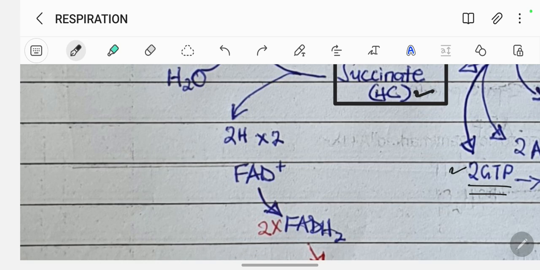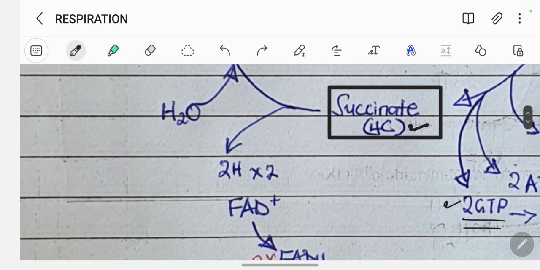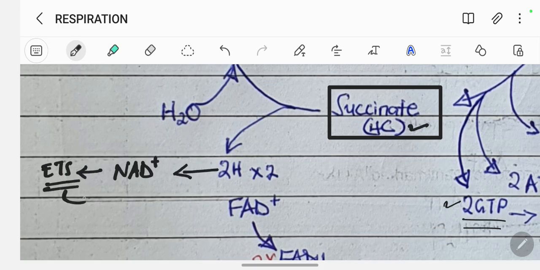FAD is going to come in at this step. Hydrogen, we saw that hydrogen is usually fetched by NAD. So oxidized NAD comes for the hydrogen and takes it to the electron transport system to form ATP. But for this case, it's different.